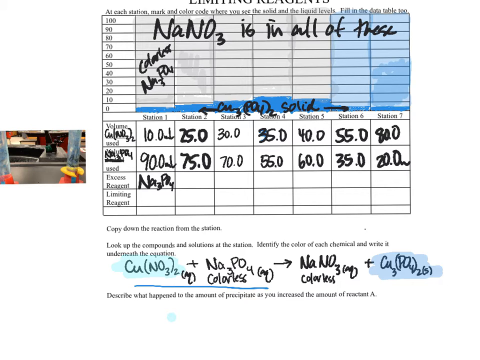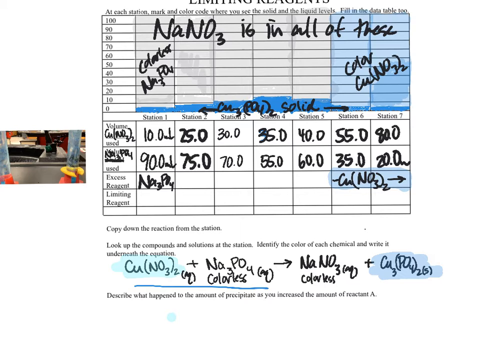If I take a look down here on these last 2, I have this turquoisey color, which is going to tell me that I have excess copper reagent. So here I'm going to see that I have CuNO3 2 in excess for these 2. And so I have a color to these, and so there's some copper nitrate in there as well.